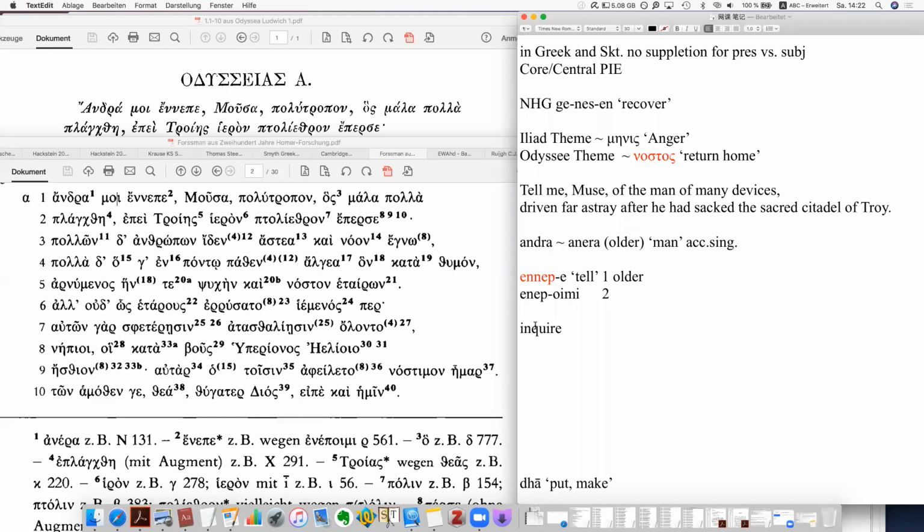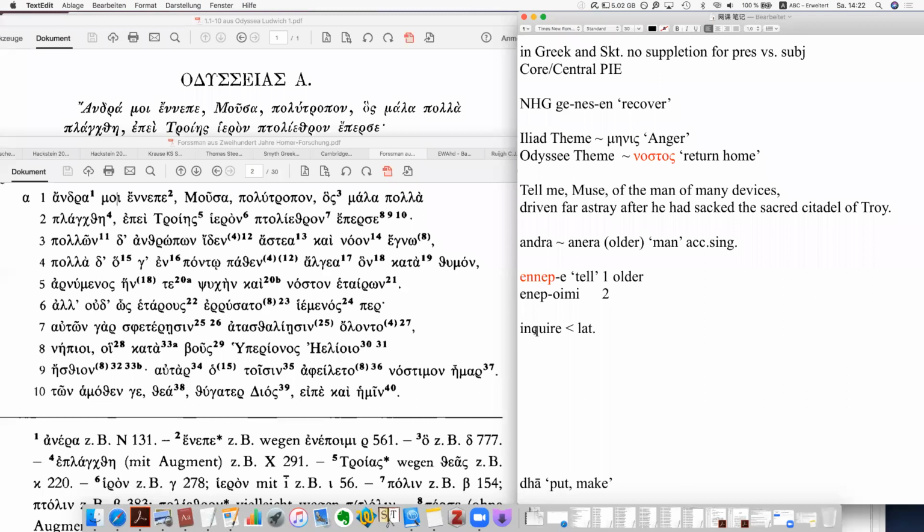And this inquire actually comes from Latin, and this Latin word is cognate with the Greek word enep-.